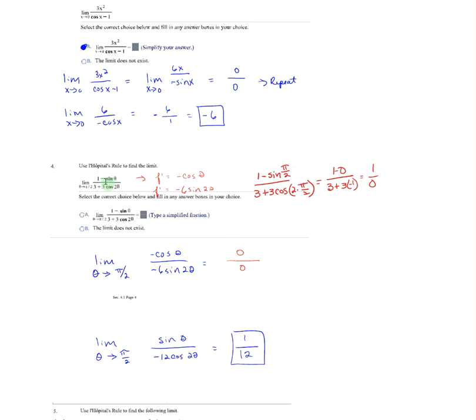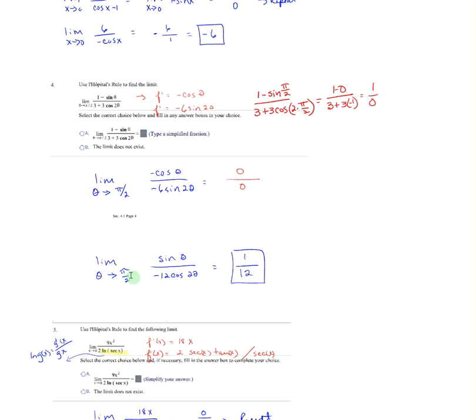When we take the derivative, we end up with negative cosine theta over negative 6 sine 2 theta. Again, you're going to get 0 over 0 if you plug in pi over 2. Take it one more time, and we have sine theta over negative 12 cosine 2 theta, because it's negative 6 cosine 2 theta times 2, and that's where that negative 12 comes in.